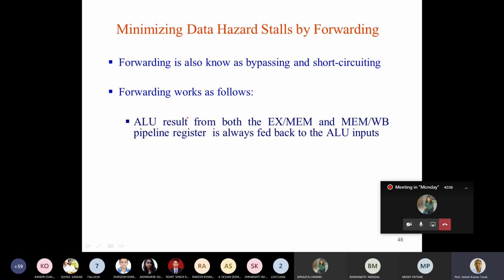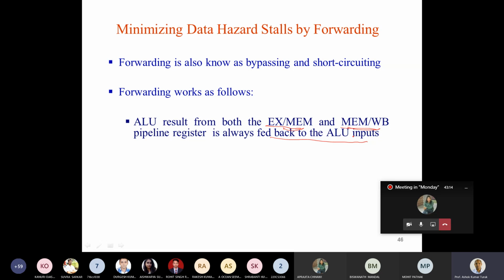So what it says is that the ALU result from both the pipeline registers, these are my two pipeline registers, the execution stage and memory stage, or the memory stage and write back pipeline register, is always fed back to the input of the ALU.